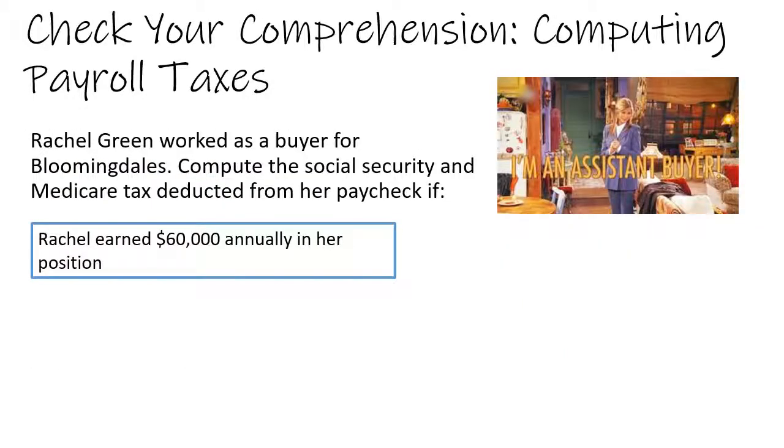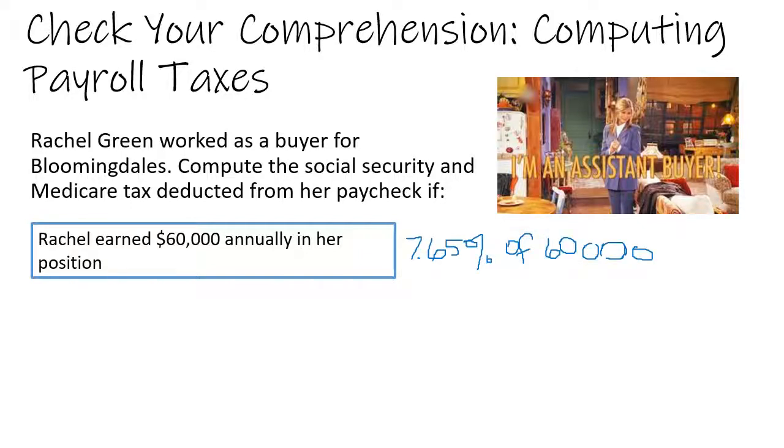So let's check your comprehension of these payroll taxes by looking at Rachel Green's salary under a few different assumptions. We're looking at it from the employee's perspective because, for the most part, the employer percentage is just matched, whatever is paid to the employee. In the first scenario, Rachel earns $60,000 in her position. What would be the tax deducted from her paycheck?